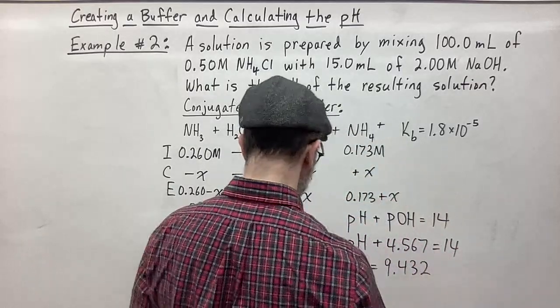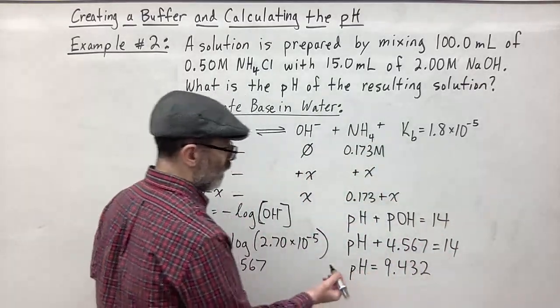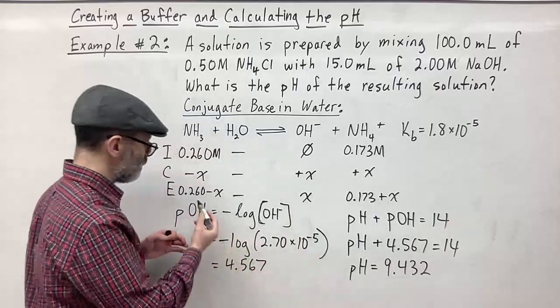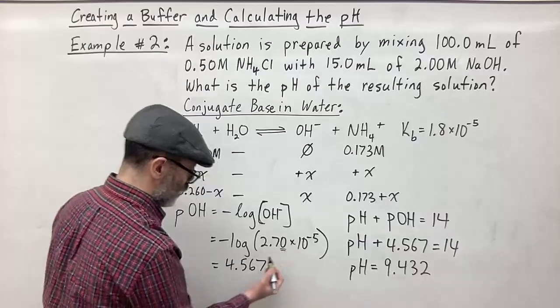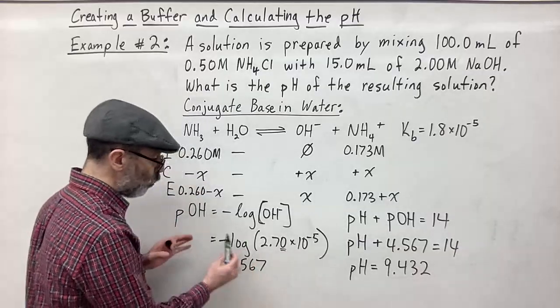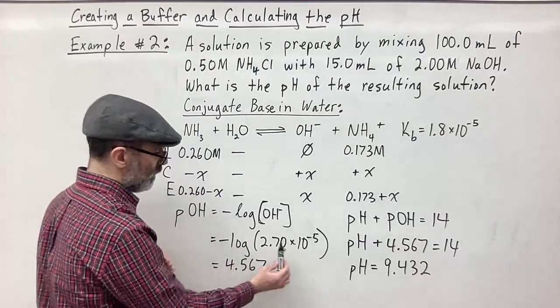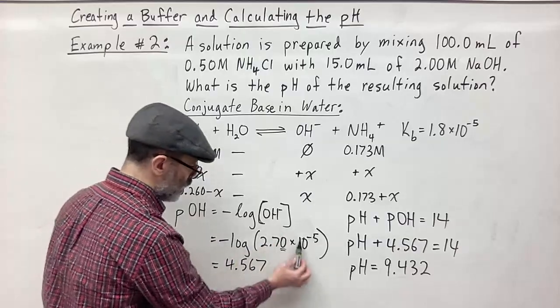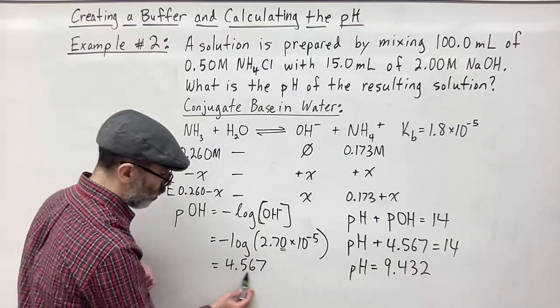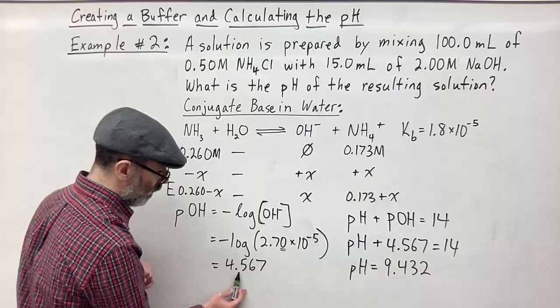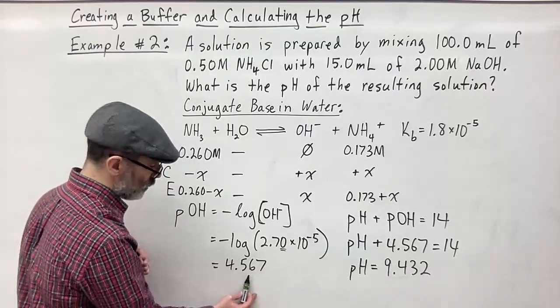And again, throughout all of this, I kept an extra digit. So remember the rule, when you take the log of something, the number of sig figs becomes the number of decimal places in your resulting pH or pOH.